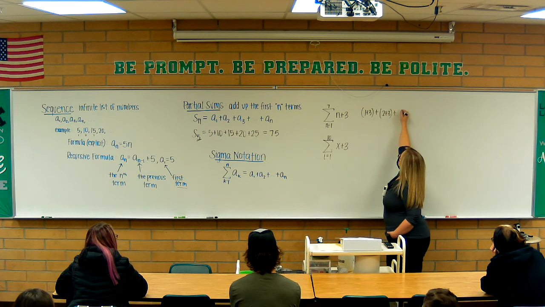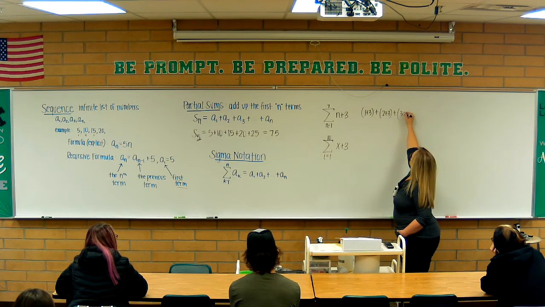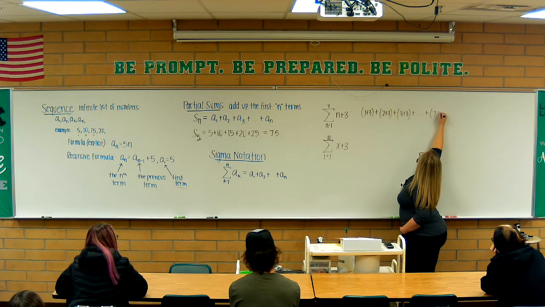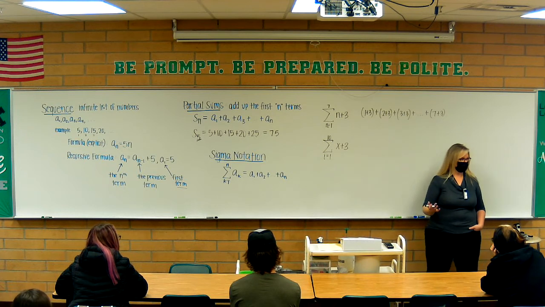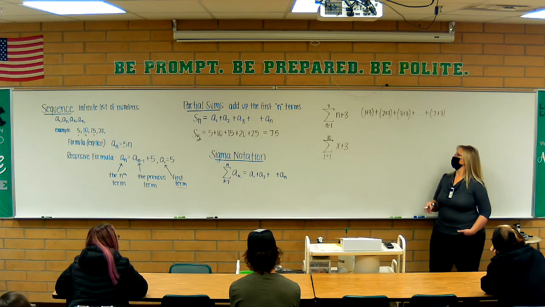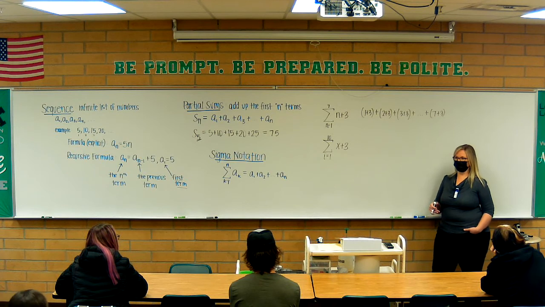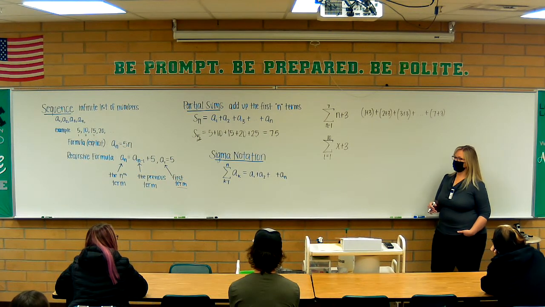And we're going to add that until we get to 7 plus 3. Is that pretty straightforward? Okay. So you would actually do it, not just write it out. Easy?